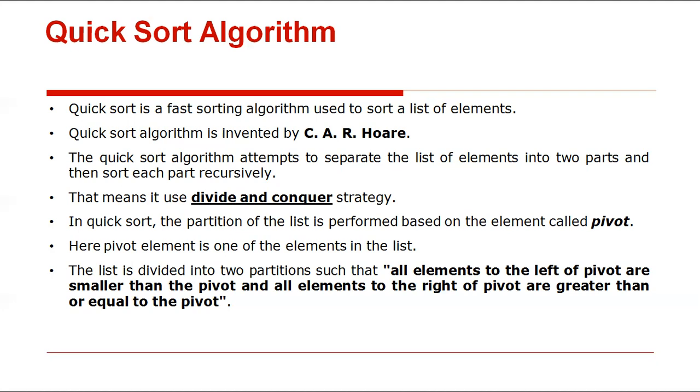Two partitions such that all elements to the left of the pivot are smaller than the pivot, and all elements to the right of the pivot are greater than or equal to the pivot.